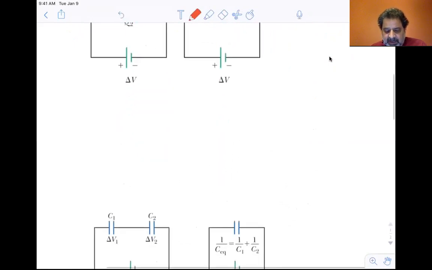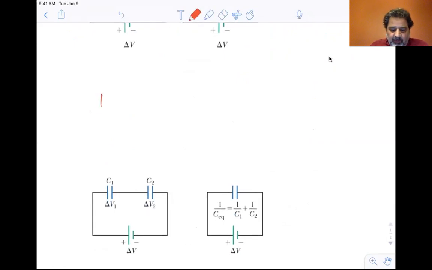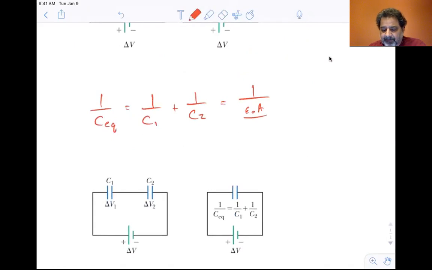Now, let's look down here. 1 over C equivalent is equal to 1 over C1 plus 1 over C2, and that's equal to 1 over epsilon 0 A over D. Remember, they're the same shape.